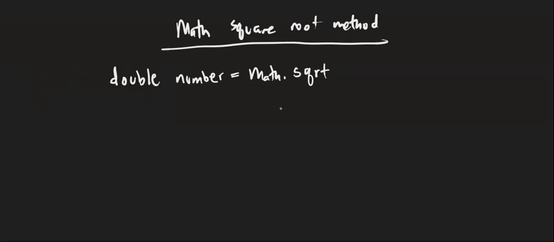When we're programming, we just say math dot sqrt. We don't say math dot square root, because it's just sqrt. That's a short form. So math dot sqrt, and then you have to input the number that you want to square root into that as an argument, essentially.